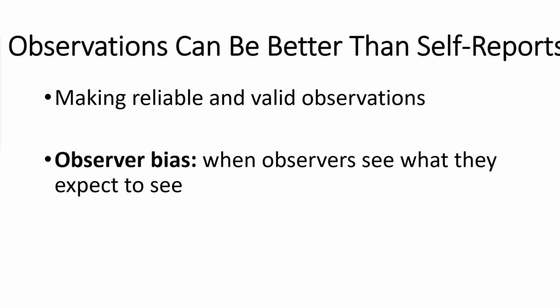If they're not really sure what to do with that information, if they have an idea of what they would expect to see, anything ambiguous kind of gets put into their expectations, which again is really problematic. So a really good example of this is an experiment where they showed a bunch of people a video.